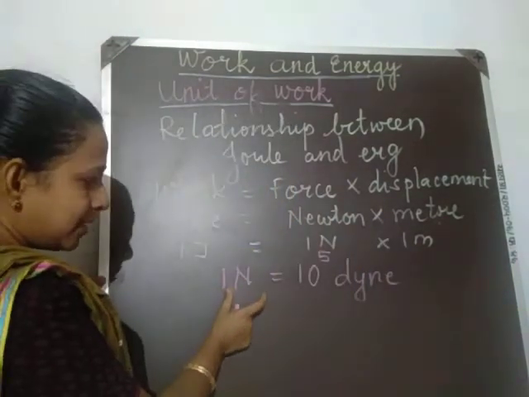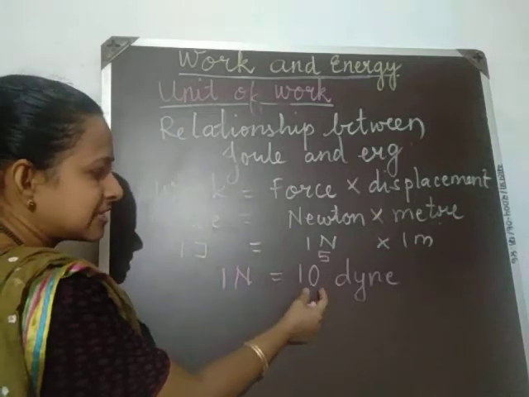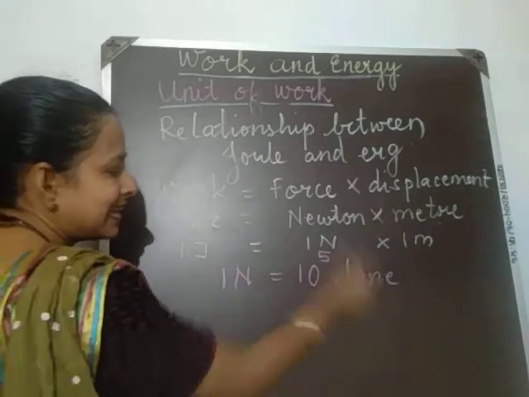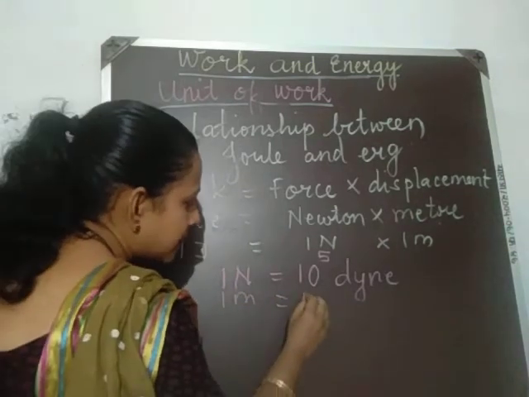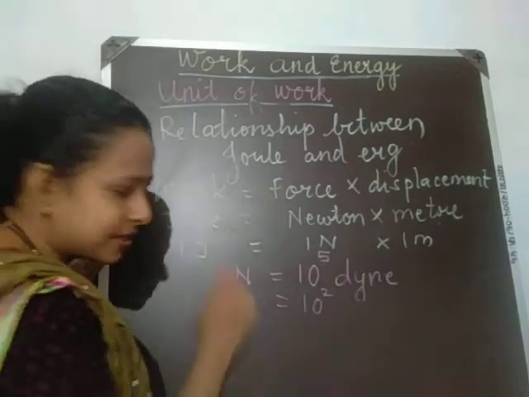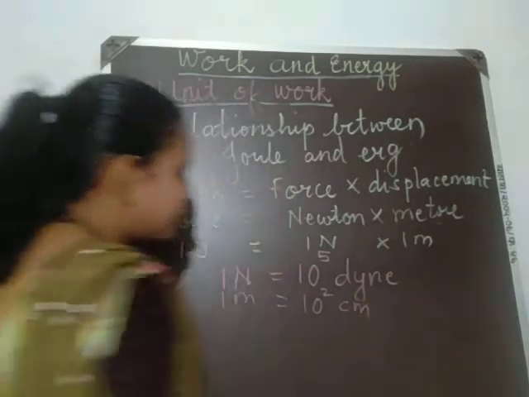Remember this, 1 Newton in terms of CGS unit is 10 raised to 5 dyne or 1 lakh dyne, and that of 1 meter is equal to 10 raised to 2, that means 100 centimeters is 1 meter. So 10 raised to 2 centimeter.